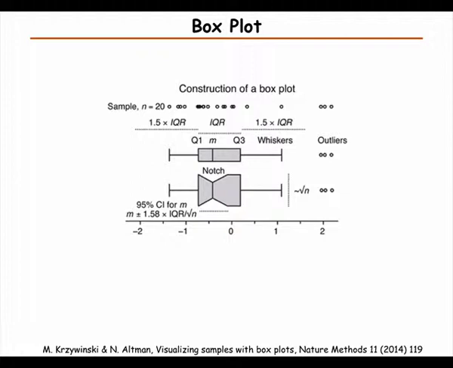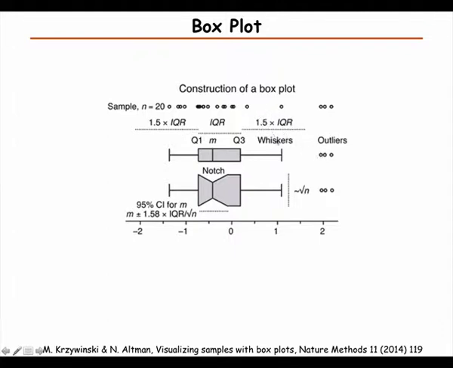It usually has a box, that's what it's named after, and that shows where the first quartile is and the third quartile ends, and then it shows the median. And then it puts these whiskers at usually 1.5 times the interquartile range.